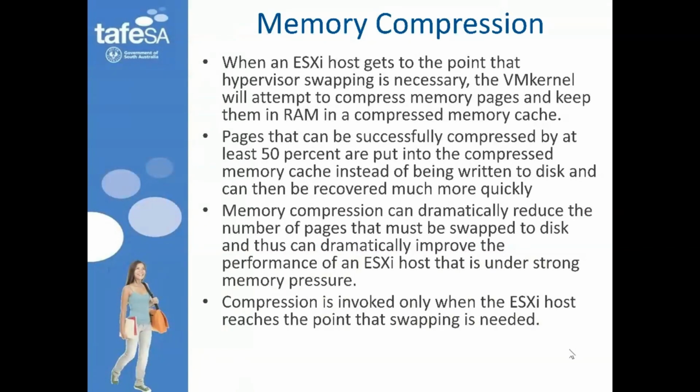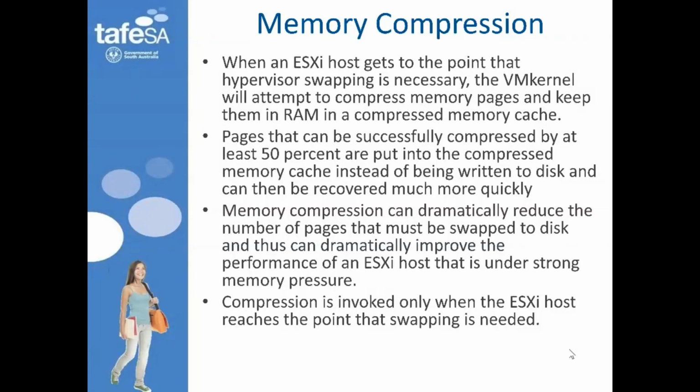Memory compression is the same. Every time you have to compress it, and every time you have to use it, you have to decompress it. Pages that are successfully compressed by at least 50% are put into the compressed memory cache instead of being written to disk, and can then be recovered more quickly. So even though compression is slower, it's not as slow as swapping.